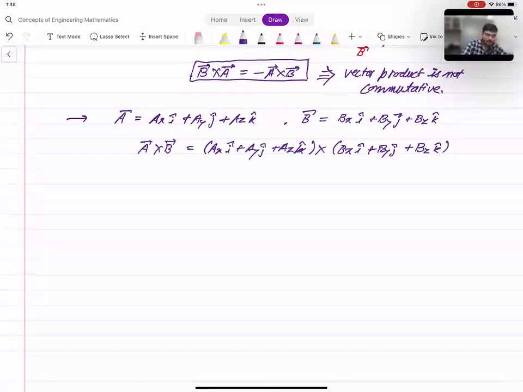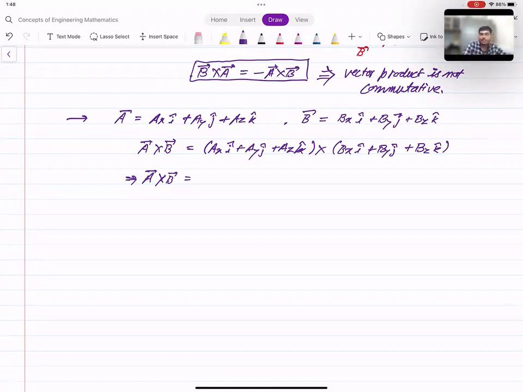If we expand this multiplication, vector a cross b is nothing but, since i, j, k are unit vectors, they will be vectorially multiplied, meaning they will follow the cross product type.